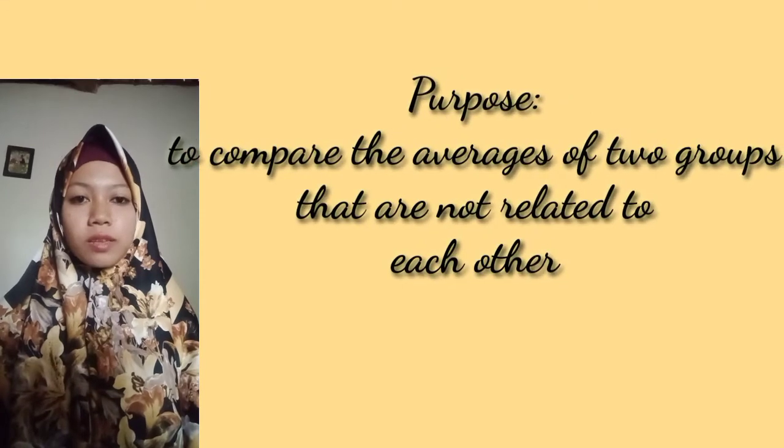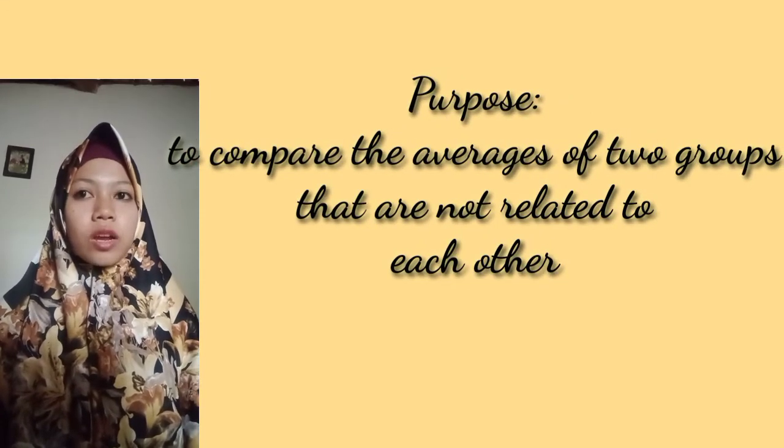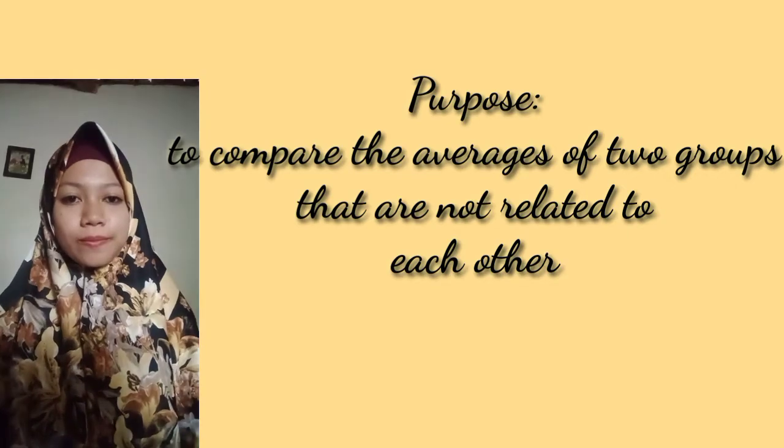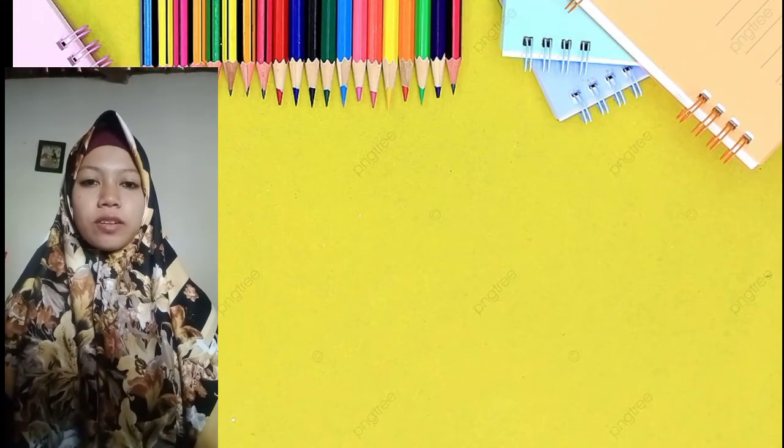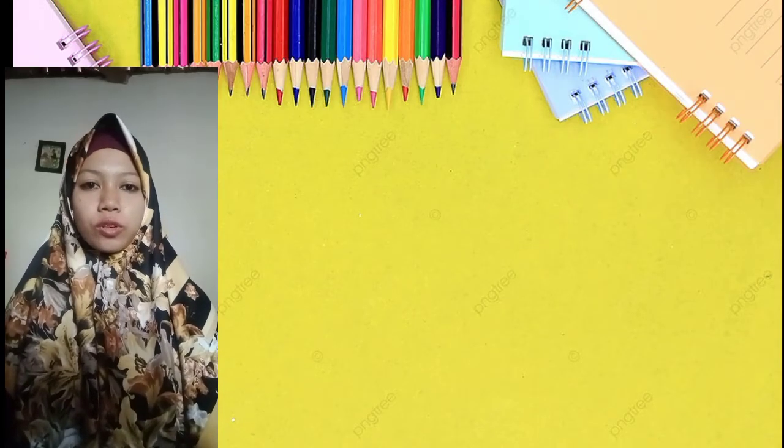The second point is independent sample t-test. The purpose of the independent sample t-test is to compare the average of two groups that are not related to each other. To make it clear, let's go on to the tutorial.